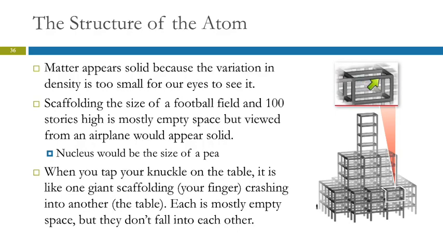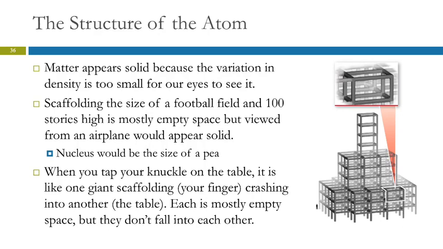So if the atom was this size, 100 yards long, 100 stories tall, the nucleus would be the size of a pea. Think of a little green pea on the 50-yard line of a football field. That's the nucleus, where more than 99.9% of the mass of the atom is.